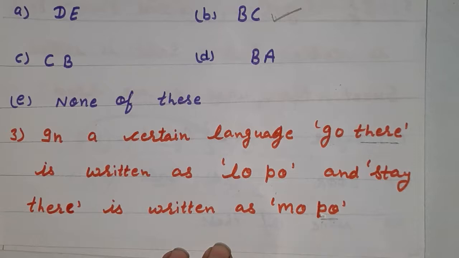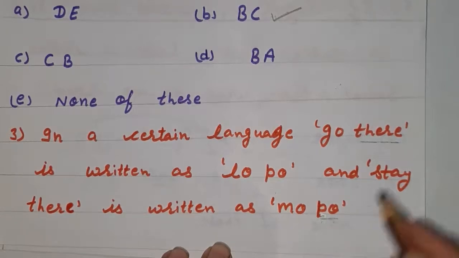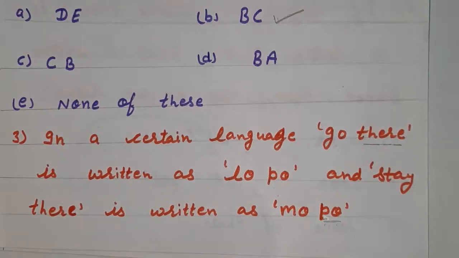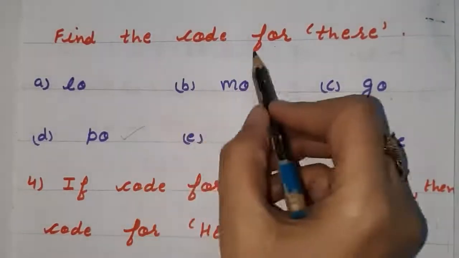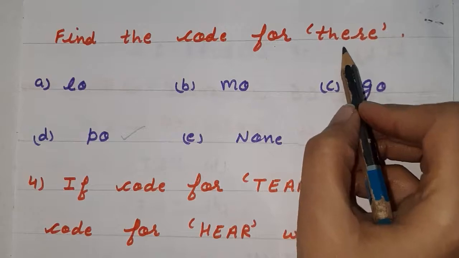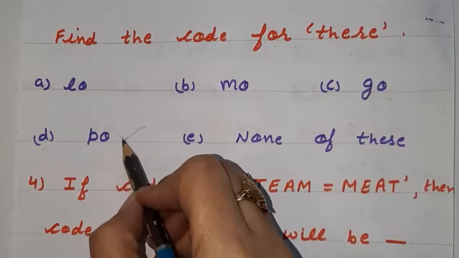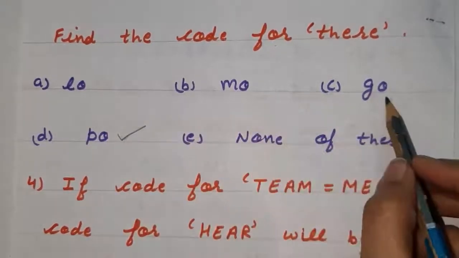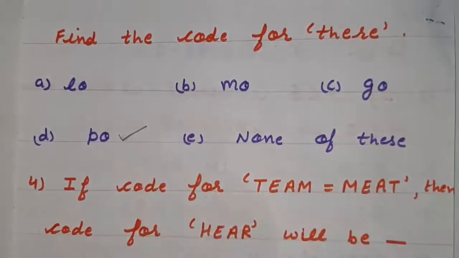Repeated is po. So code for there is po. It is our option D. Lo is not there, mo is not there, go is not there. D. Okay.